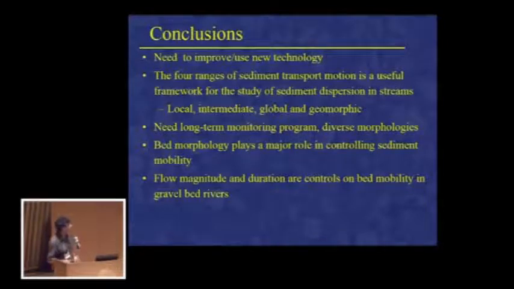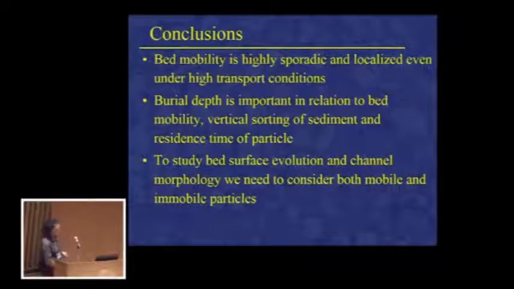Channel morphology matters a lot. The magnitude of events and so on matters a lot, as we heard before and we will hear later on. Bed mobility even at high flow conditions is still sporadic and localized, and we find places with no movement even when the flow is well beyond the bankfull discharge.